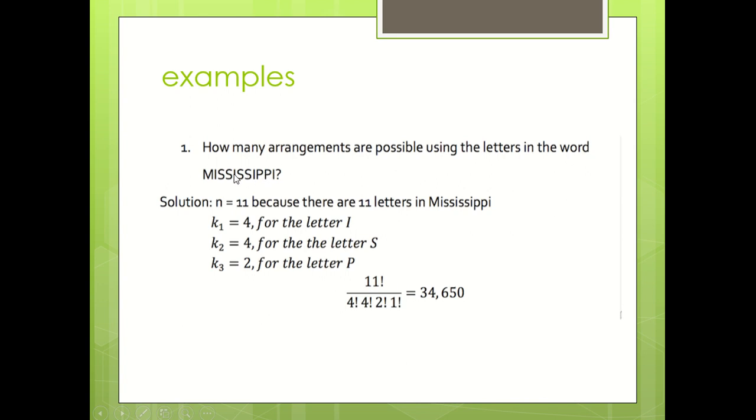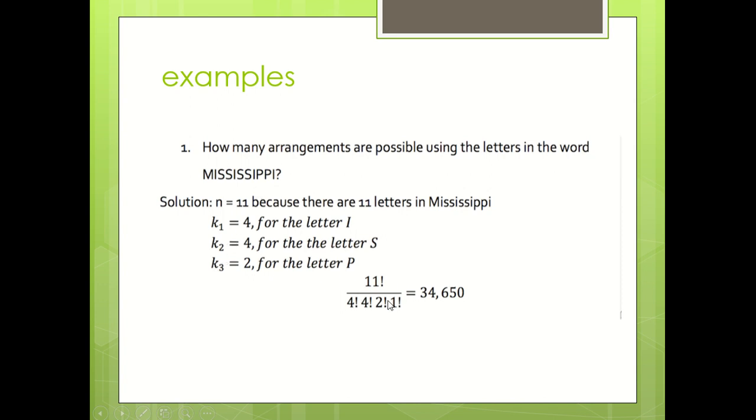The word is Mississippi, so we count the letters, we get 11. K sub 1 would be represented by the letter I, so we count the I's here. And then k sub 2 is equal to 4 for the letter S. And then k sub 3 is equal to 2 for the letter P.